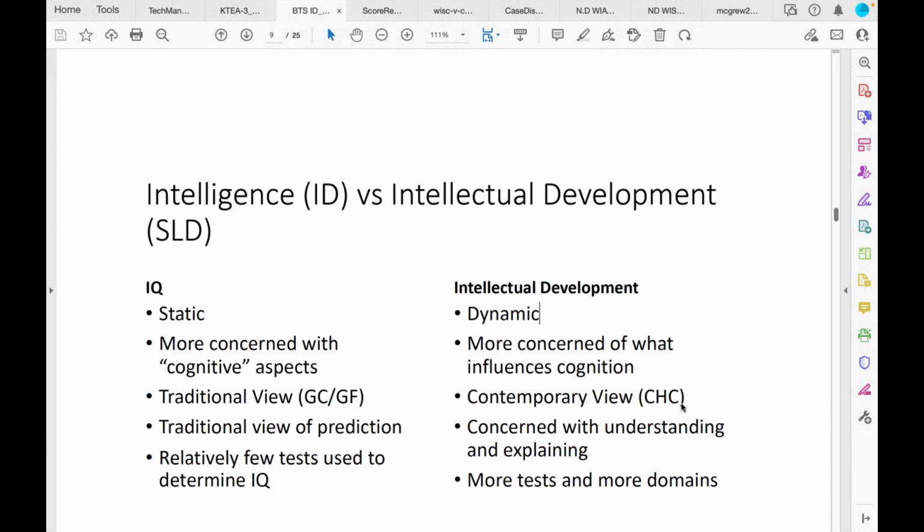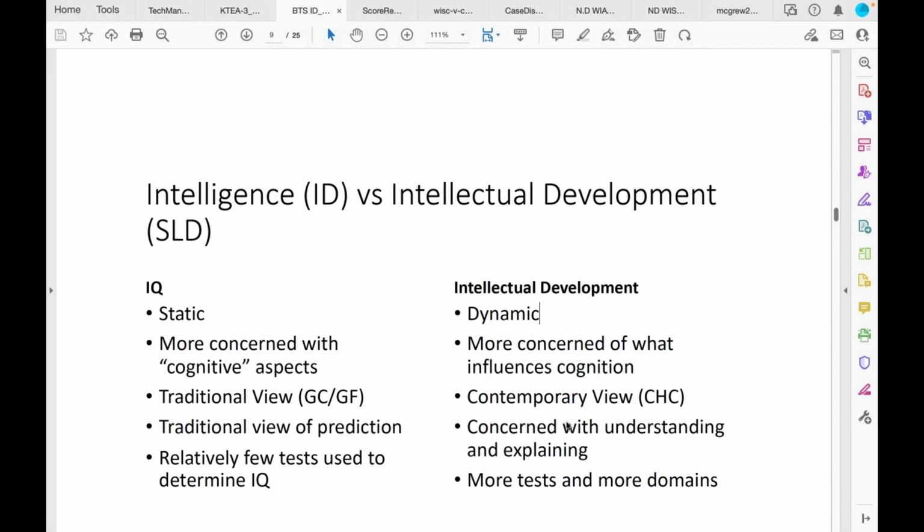IQ is considered more static, meaning it doesn't change much. Now, we do know that the brain is malleable at certain ages, but once you hit a certain age, your IQ is not going to change. If I took a test when I was 30, my IQ is going to be the same as it is when I'm 50. It's considered more static.